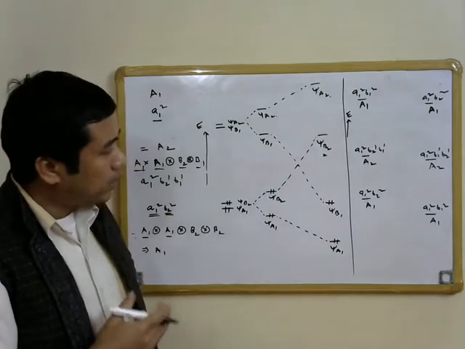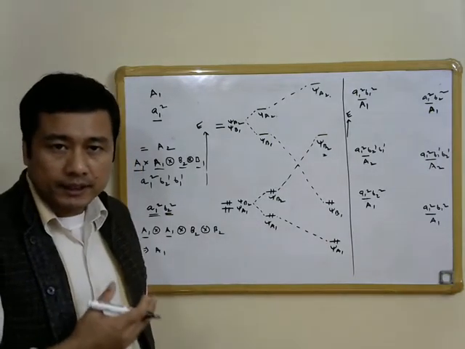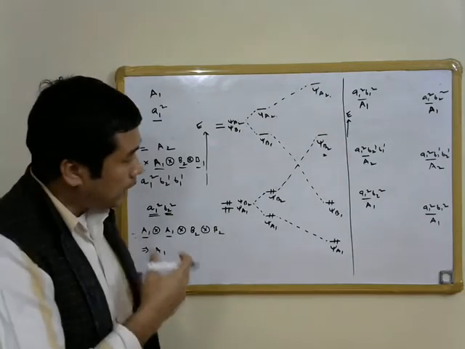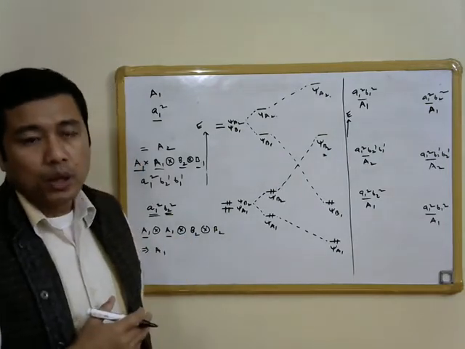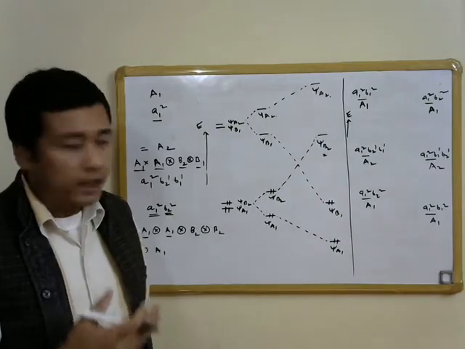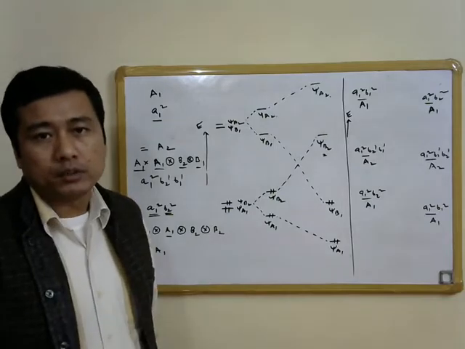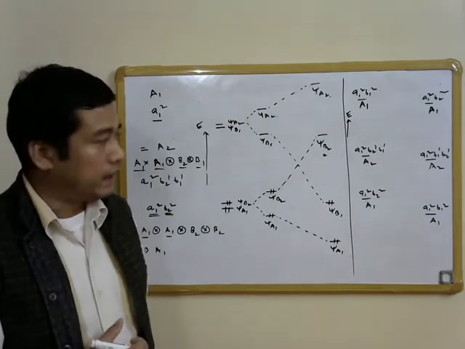So let us now correlate the electronic states of the same configuration and same symmetry in the reactant and in the product, and then we will get an electronic state correlation diagram, unlike the orbital correlation diagram that we drew earlier for this dimerization of ethylene reaction.